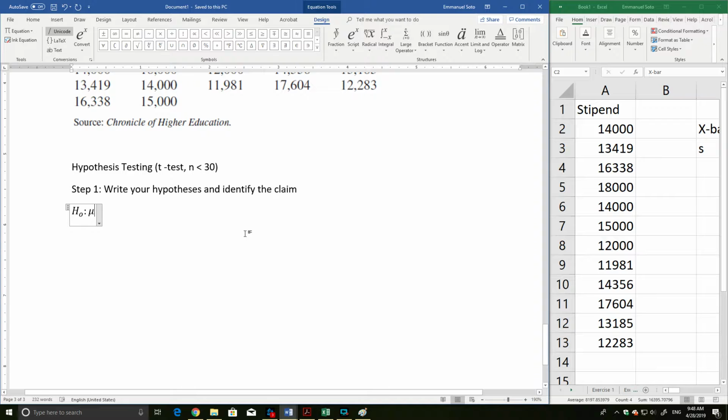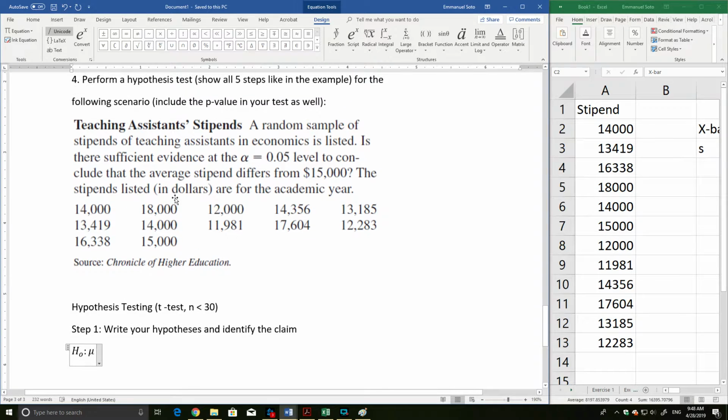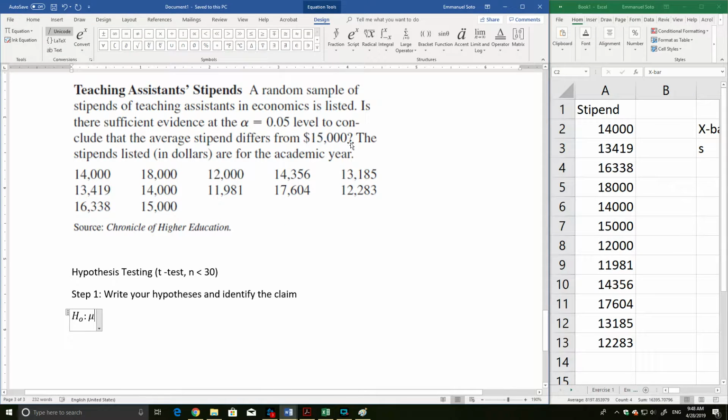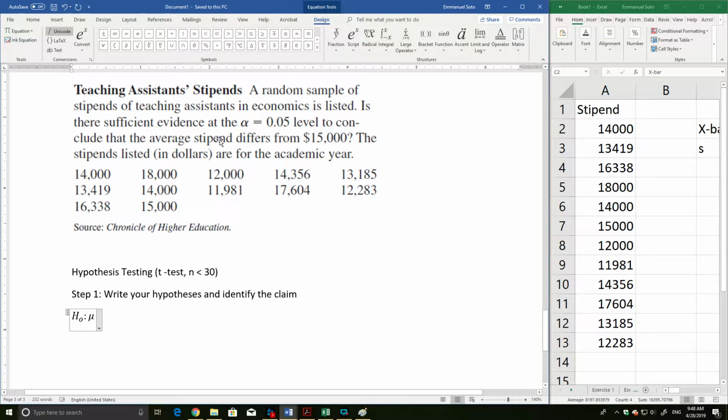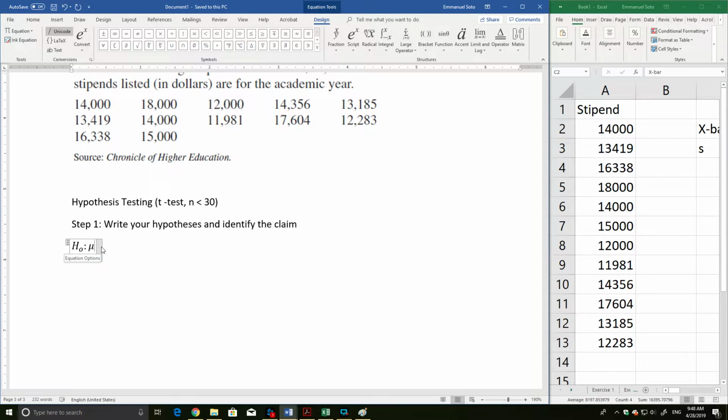What we want to do is set up a hypothesis, and what we see is: is there sufficient evidence to conclude that the average stipend differs from 15,000? So the hypothesis is that mu is $15,000, but HA is mu not equal to $15,000, and you can use the does-not-equal symbol over here.